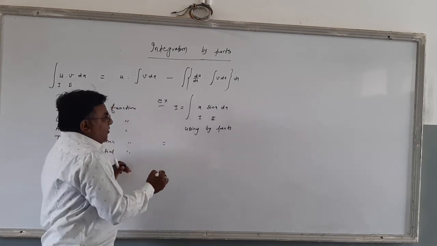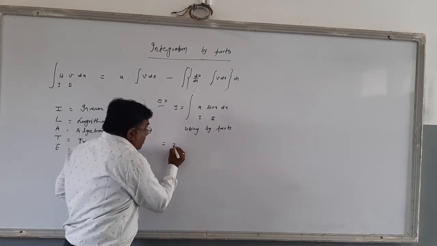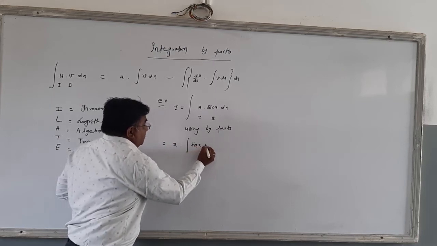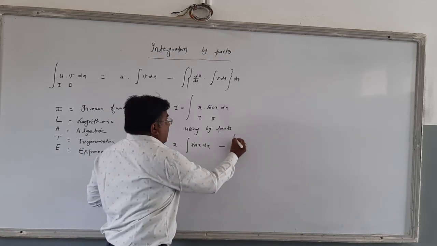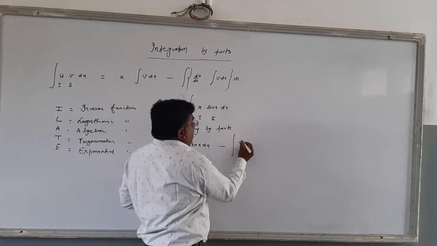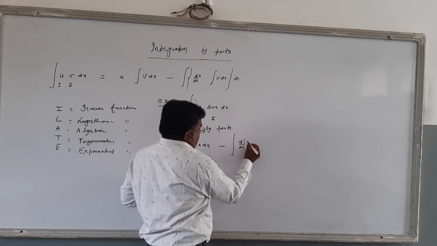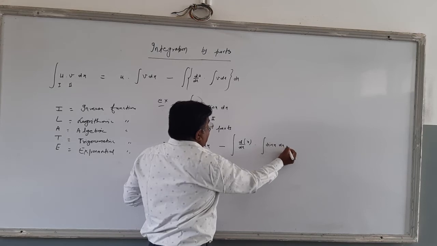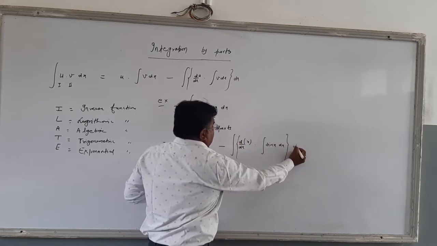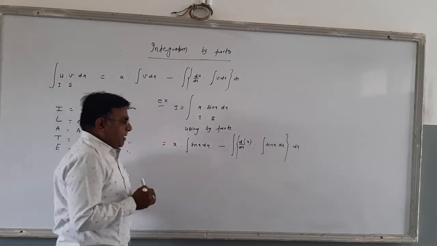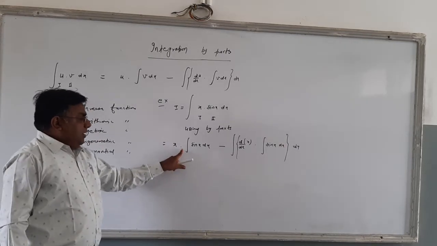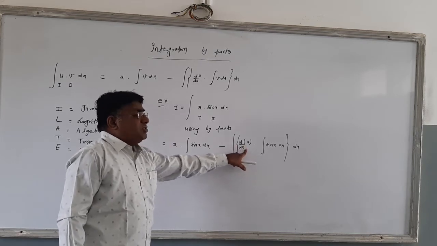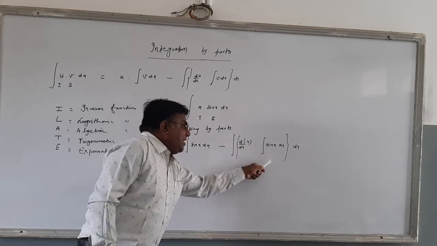Now look here. Apply the by parts formula: first function into integration of second function, minus integration of differentiation of first into integration of second, and the whole integration.